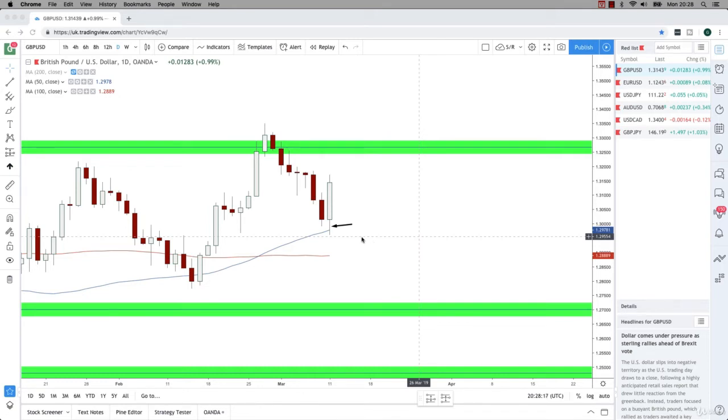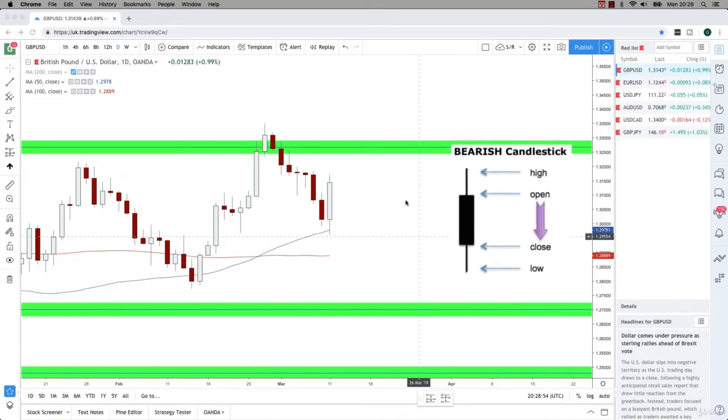This is just at some point price went down to this level here and then moved back up. And again, the same with the top wick. At some point price moved up to the 1.32 level, so around here, but it did not close there. Price closed there. So let's take a look at a candle where sellers are in control.